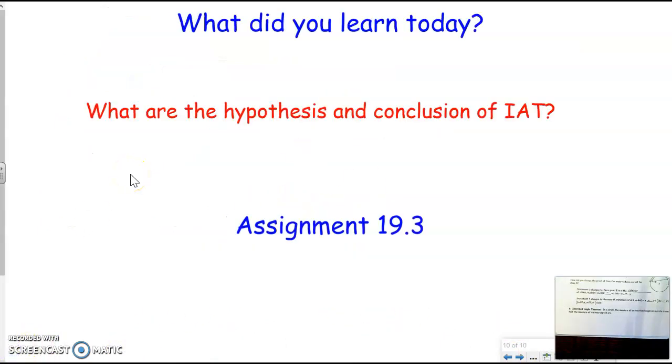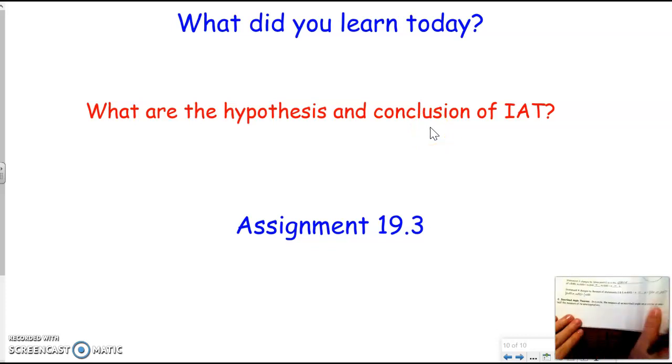Okay, so the last thing is just identifying the hypothesis and the conclusion of the inscribed angle theorem. Remember, if it was an if-then statement, the part that follows if is the hypothesis and the part that follows then is the conclusion. Now, this is not necessarily written as an if-then statement, but we can say if the inscribed angle is on the circle, then it is half the measure of the intercepted arc.